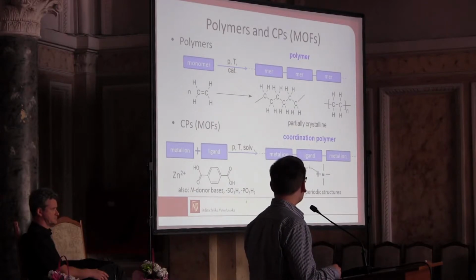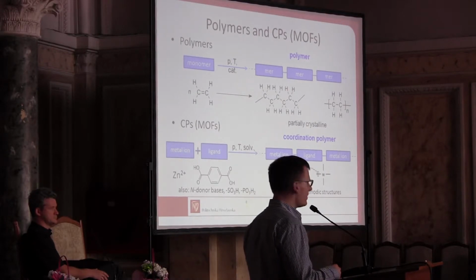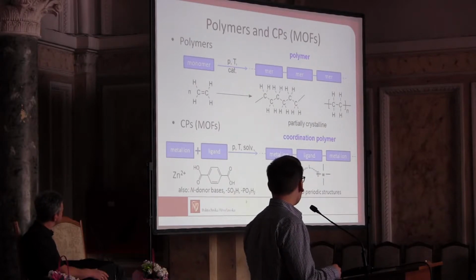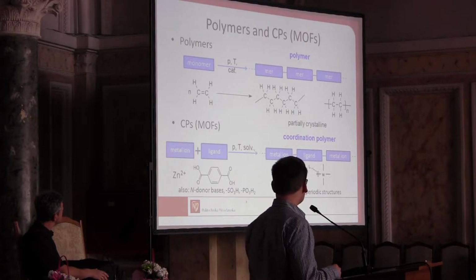Structurally, they are quite similar to organic polymers, but in properties they are very different, because we know that polymers are partially crystalline and don't have a precise melting temperature, while CPs, coordination polymers, also called MOFs, are systems in which metal ions and ligands interdigitate, and they are definitely crystalline structures.